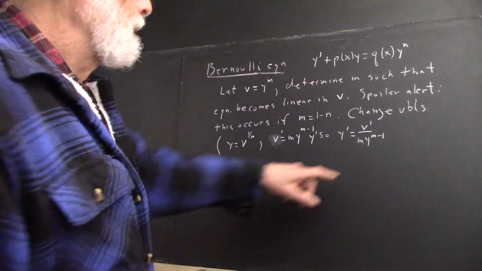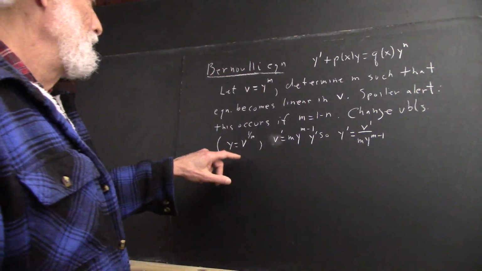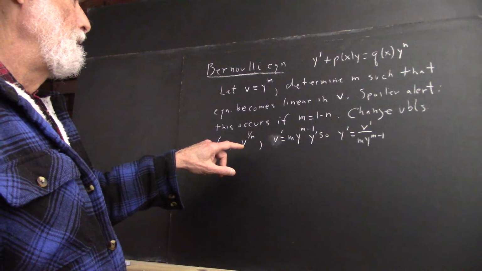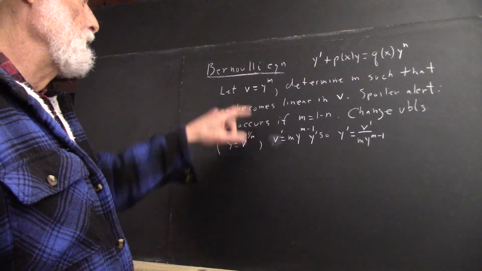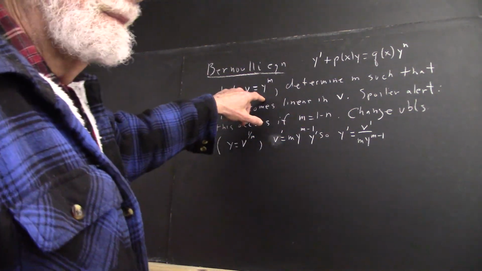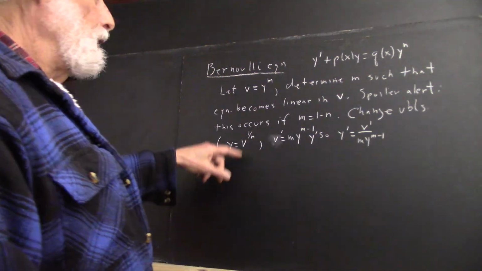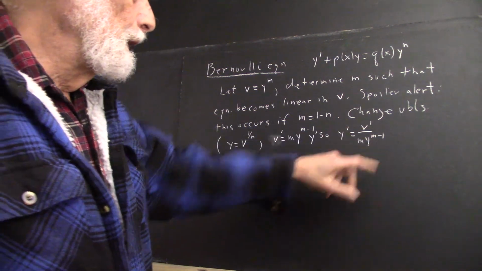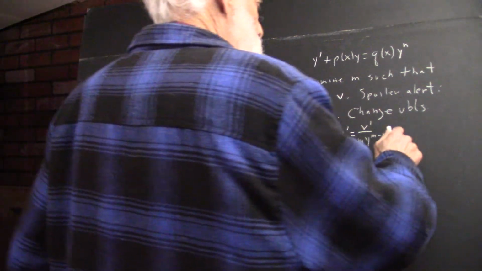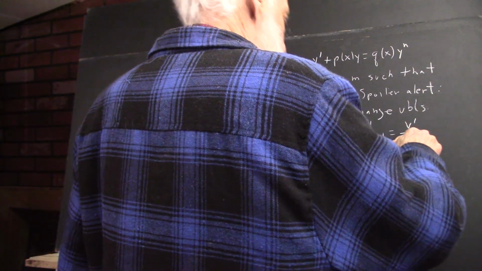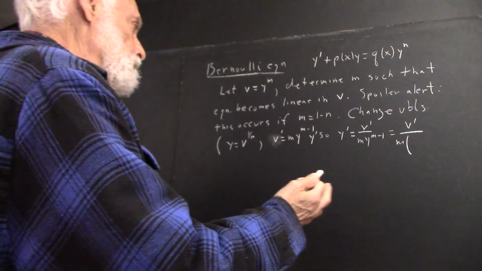But of course, v is y to the m, so that y is v to the 1 over m, so this y to the m minus 1 is, write it out carefully.